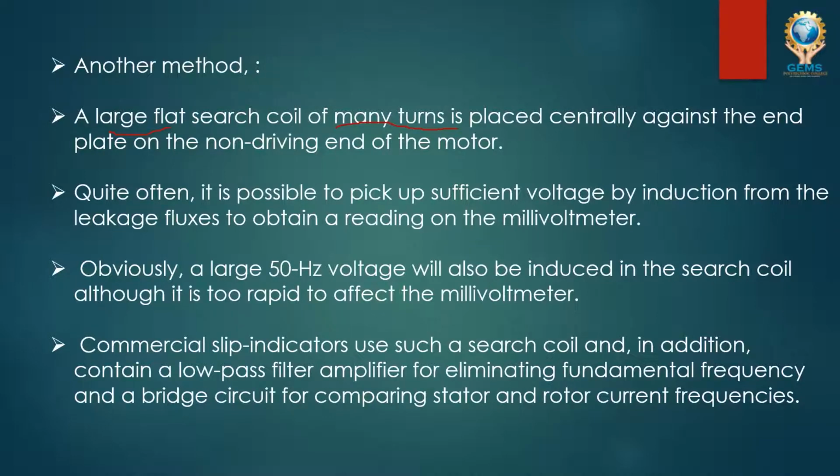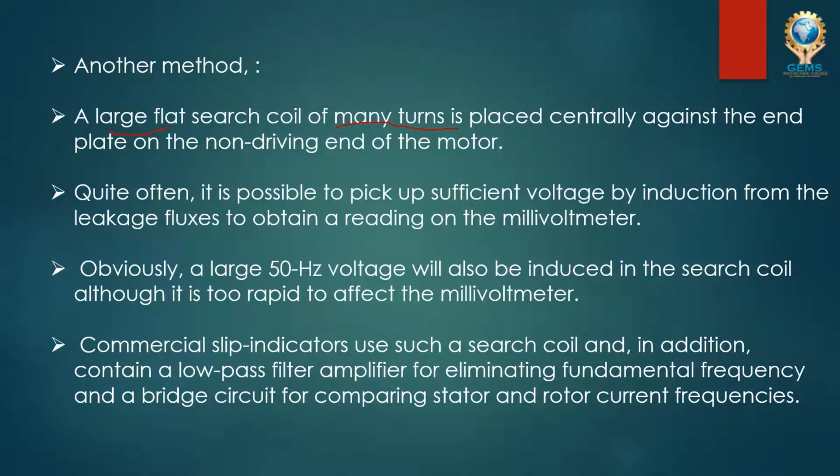That voltage can be shown as a reading in the millivoltmeter. The reading comes in the millivoltmeter only because of the leakage flux. Sometimes the frequency is very large, like 50 hertz.